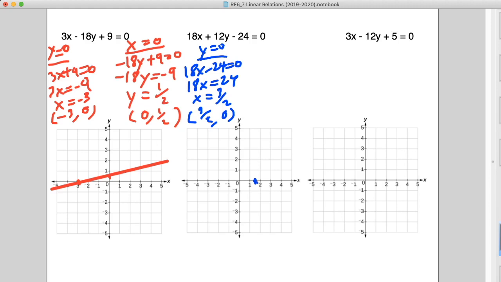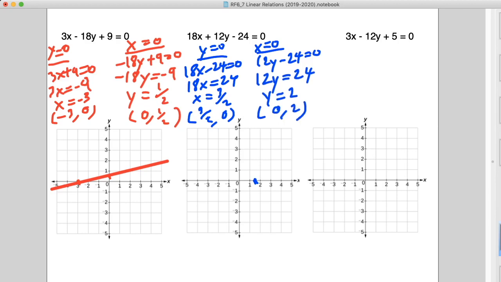And then when x is equal to 0, that whole first term will disappear. So we'll have 12y minus 24 is equal to 0. And then we're going to add 24 to both sides, and then divide both sides by 12. So we get y is equal to 2. So I'll get an ordered pair of 0, 2.